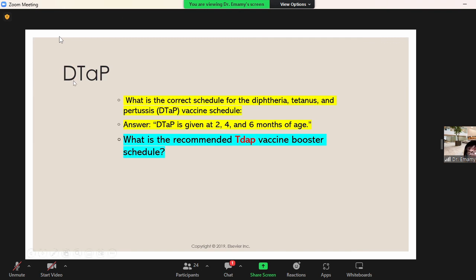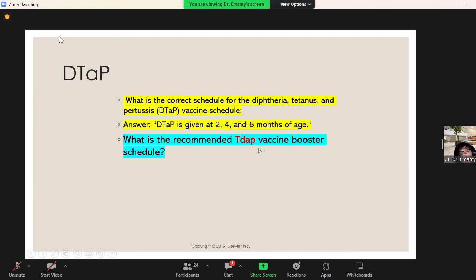DTaP is diphtheria, tetanus, and acellular pertussis. So for these 3 different diseases, you give DTaP to children at 2 months, 4 months, and 6 months. Tdap is the adult form. It's again tetanus, diphtheria, and acellular pertussis. You give a booster dose of Tdap to adults every 10 years.